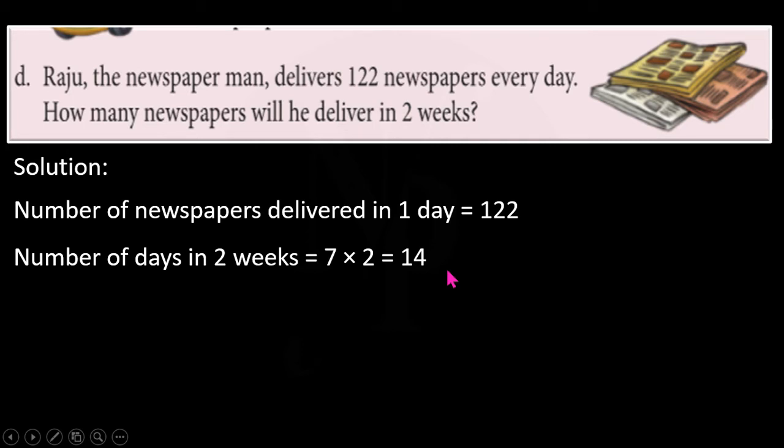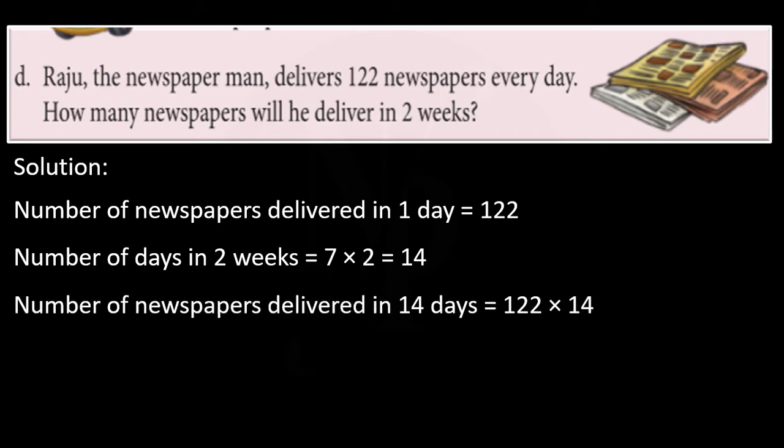So now to find the number of newspapers delivered in 2 weeks, we should multiply 122 by 14. That is, number of newspapers delivered in 14 days is equal to 122 into 14. So let us write down these numbers and multiply here.